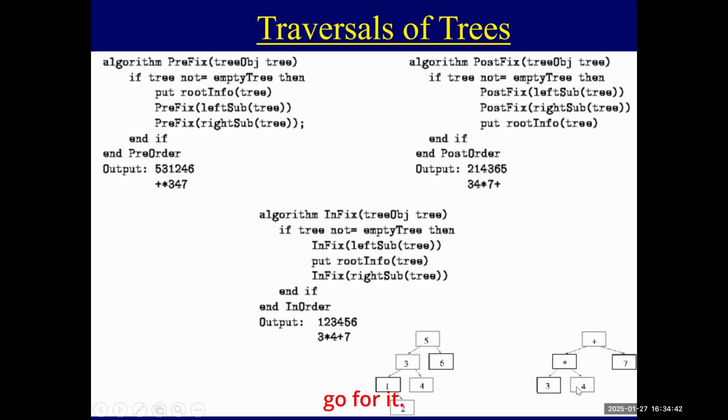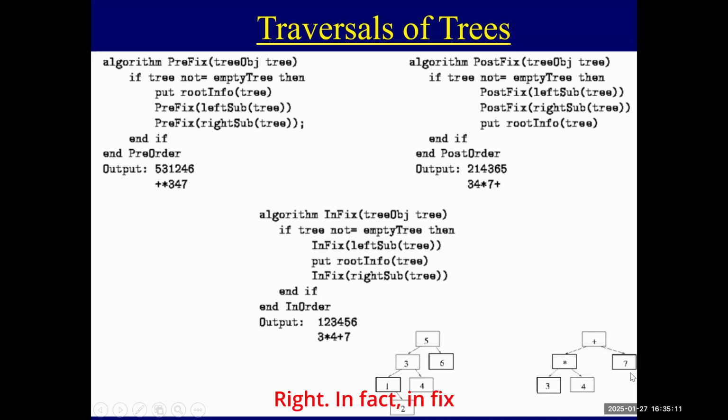Then 4, and it goes on the stack. Then you do times, which multiplies them, so now 12's on the stack. Then you put 7 on the stack, and then you do a plus, which adds the 7. Versus infix, which is 3 times 4 plus 7.